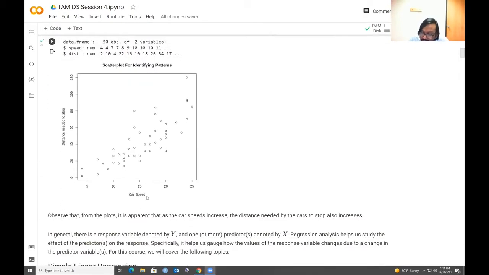Usually, the car speed, which we are using to try to understand if we can explain the distance needed to stop, this variable car speed is called a predictor. The response variable is the other variable which we are trying to understand. We are trying to explain how the distance needed to stop varies through its relationship with the other variable, car speed.